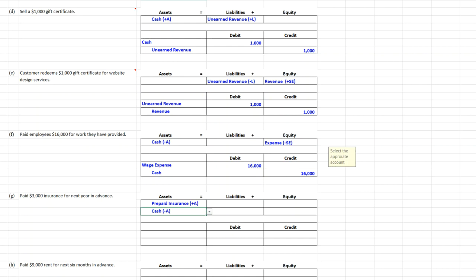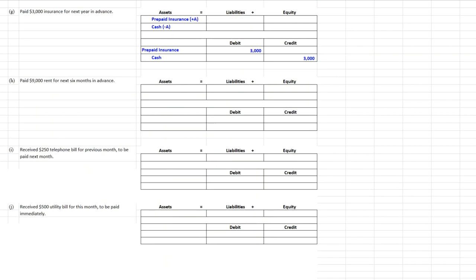So this will provide a future economic benefit. It's an asset. We're going to later on, of course, match that asset with the revenues it's generated. But for right now, we record it as an asset, we capitalize it. We increase prepaid insurance with a $3,000 debit, and we decrease the asset cash with a $3,000 credit.